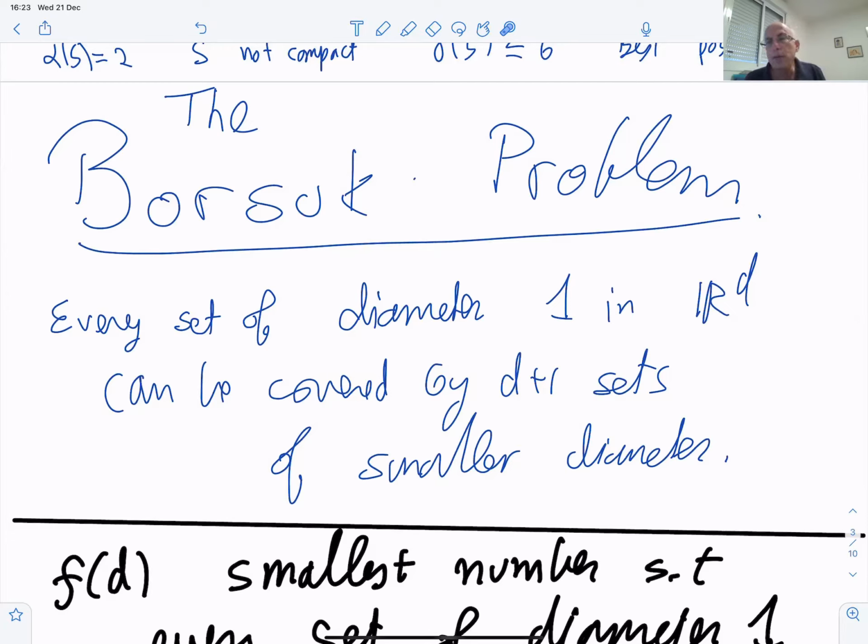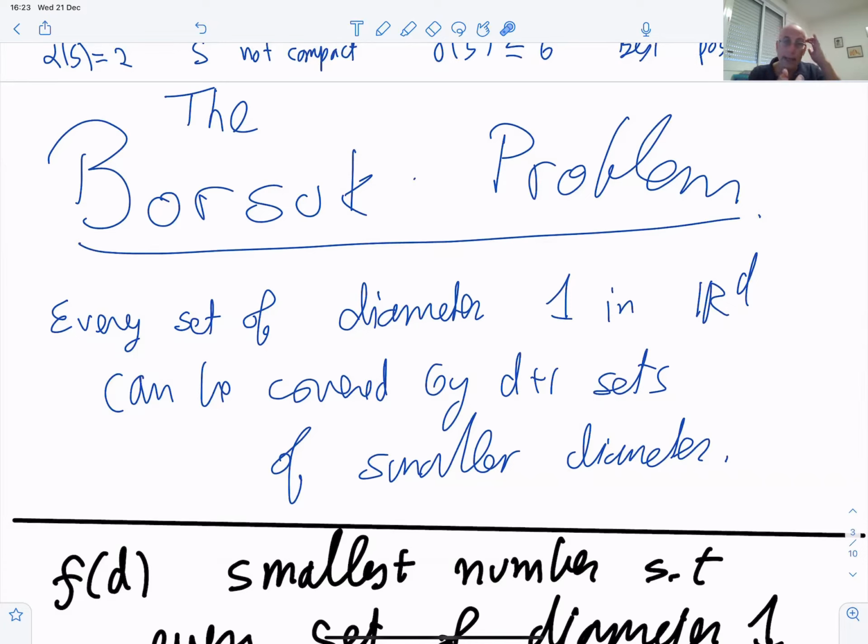Let me mention another problem for people who are interested in high-dimensional geometry, which is also an annoying problem. If you want to cover the unit ball with sets of smaller diameter, it's not known what is the smallest diameter that works.